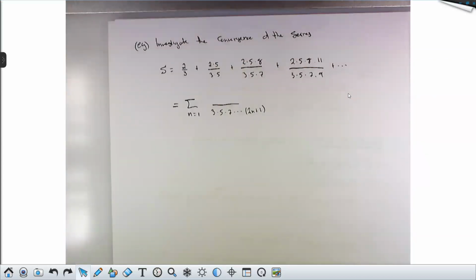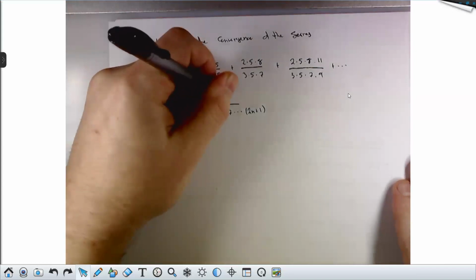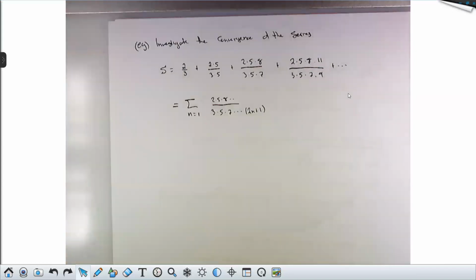And then upstairs, what do we have? We have like 2 times 5 times 8 going out to, what's the form of these numbers? These are all of the form, sorry, 3n plus 2. Yeah.